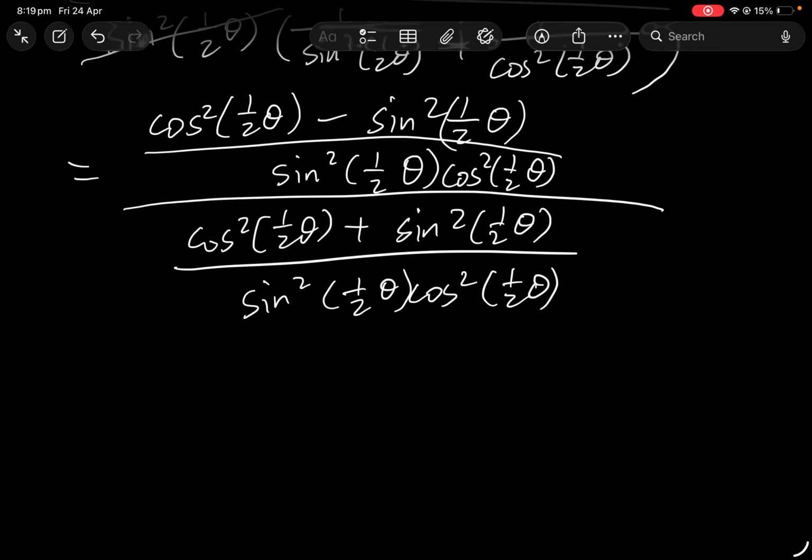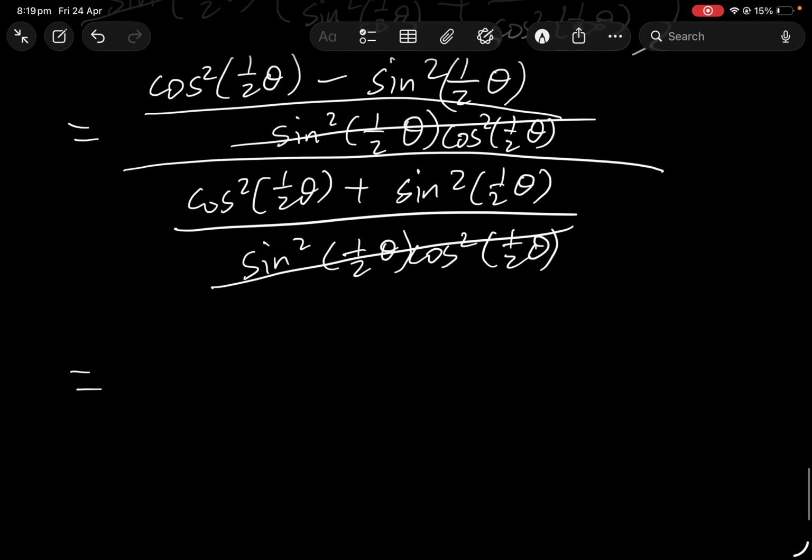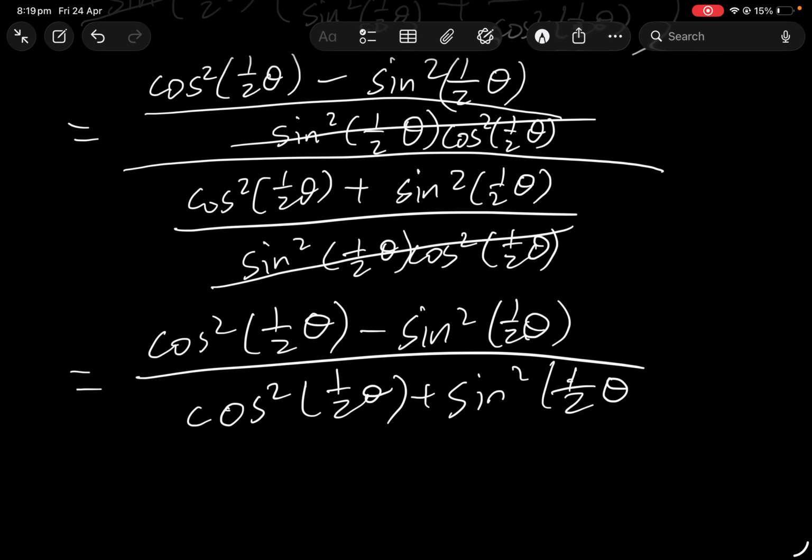That leaves us with this one fraction. So it's cos squared half theta take sine squared half theta over cos squared half theta plus sine squared half theta.